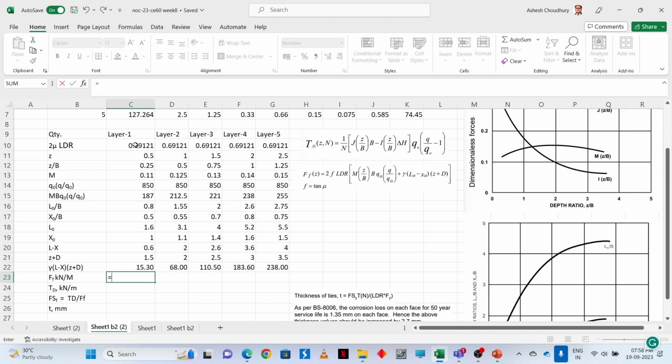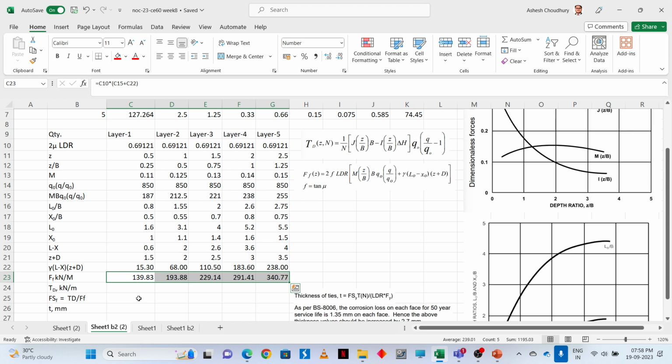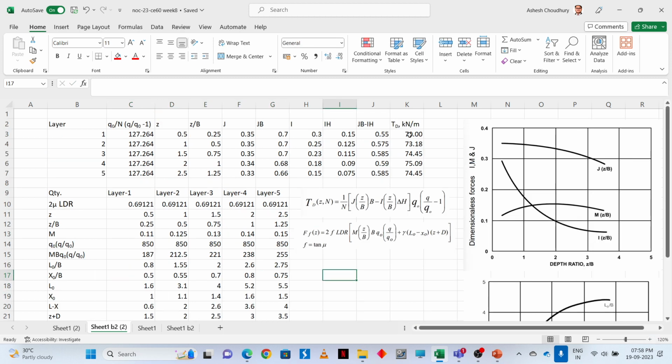is equal to this plus this term. Done. Right. So these are the pull out resistive forces on each layer. Now TDs, let me just copy the TDs.